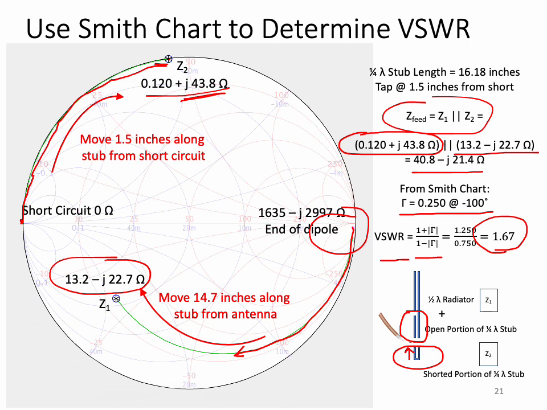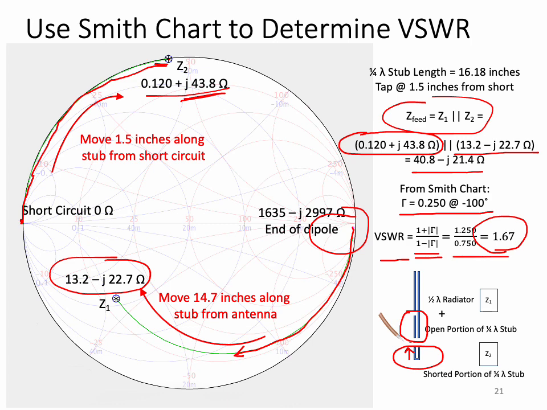So we move it up 1.5 inches, 1.6 inches, 1.7 inches, et cetera, and calculate these two impedances, one from the top to the bottom and one from the bottom to the top, put them in parallel, look at the location of that particular point on the Smith chart in terms of its reflection coefficient gamma, and from gamma we can determine what the standing wave ratio is.